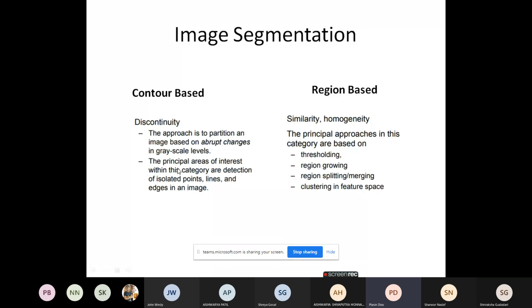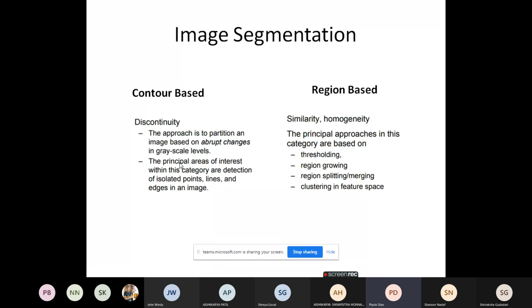Here we are discussing isolated points, lines, edges. That's why I told you the entire image segmentation chapter covers everything from edge-based techniques to region-based techniques, as well as the different thresholding methods that we have to study.